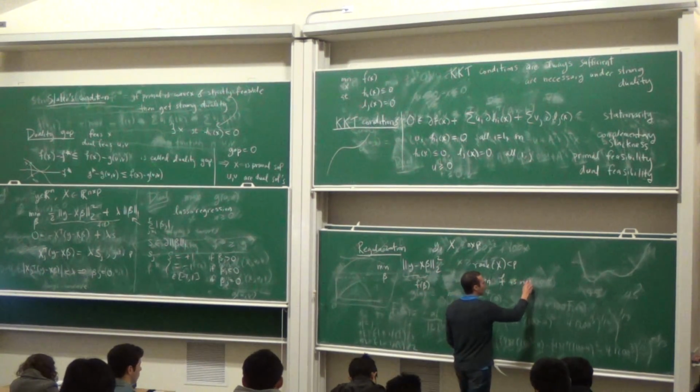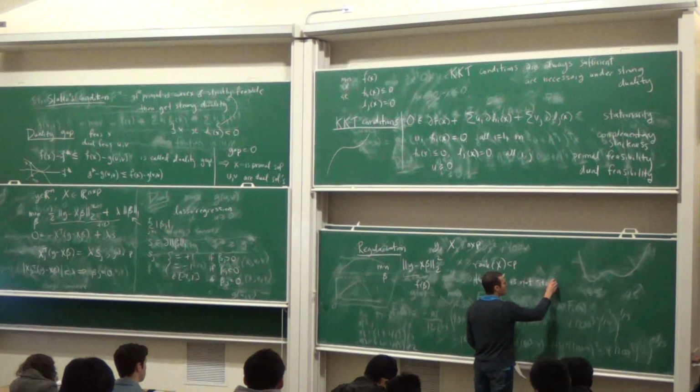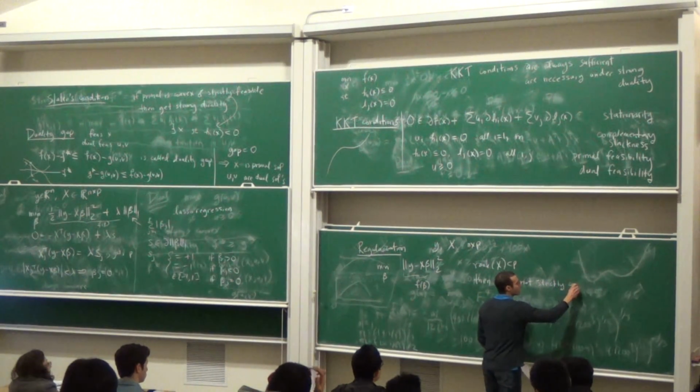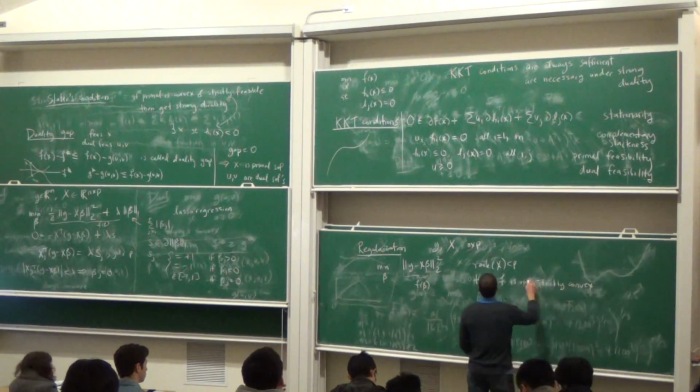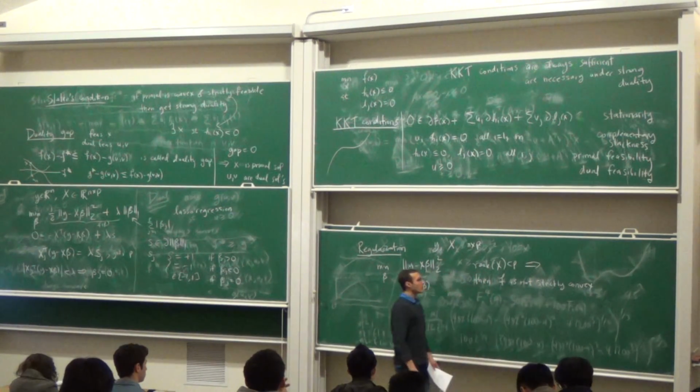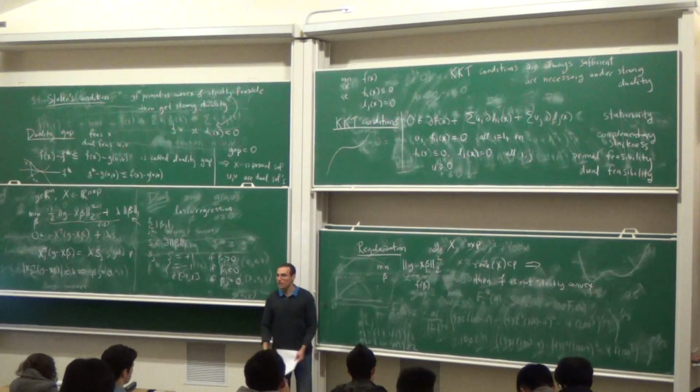F is not strictly convex. That's one way to say it, lacking some convexity.